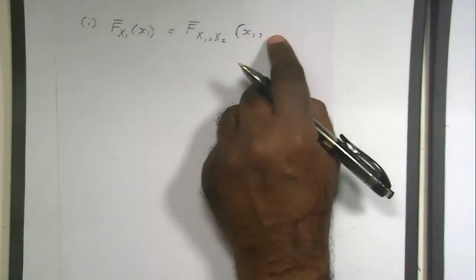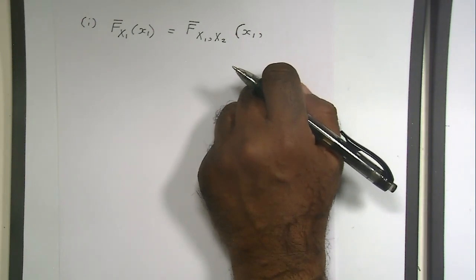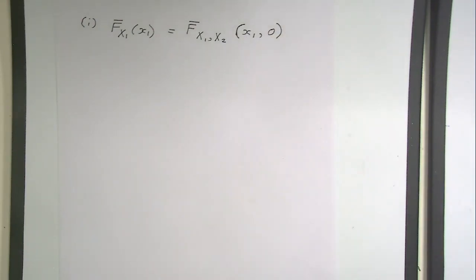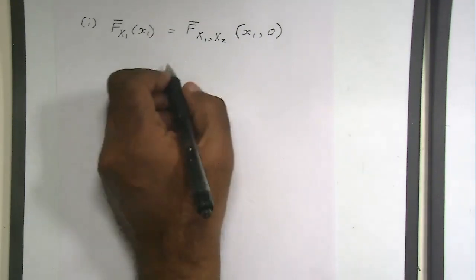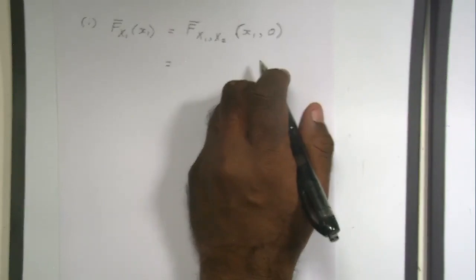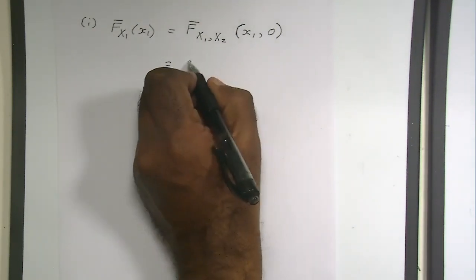You put minus infinity, but in this case the lower end point is 0, so you put 0, not minus infinity, because the domain of the definition is greater than 0, right? So if you put x2 equal to 0 into this formula, what do you get? You get e to the power of minus x1.